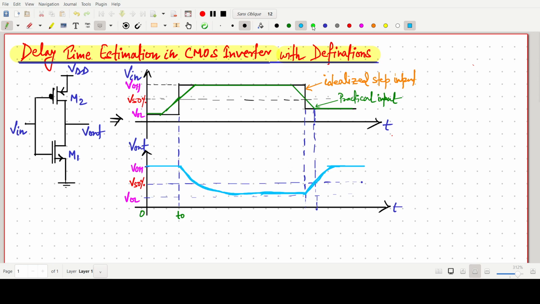This point is T naught, and the point where it cuts the V50 line is some point, say T1, and this point, say T2, and this point where it cuts the V50 line is our T3.